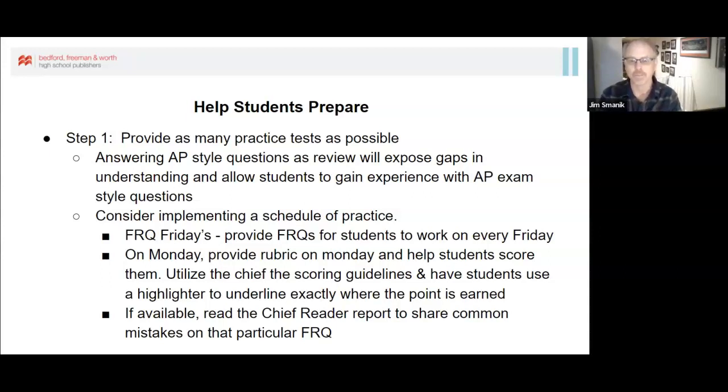So answering as many AP style questions as review will expose gaps. If they take a lot of practice questions, they're getting experience looking at the type of questions that we said. The practice exams that we're going to share with you from AP Classroom are written based on what we've already described as the focus of questions 1 through 6.